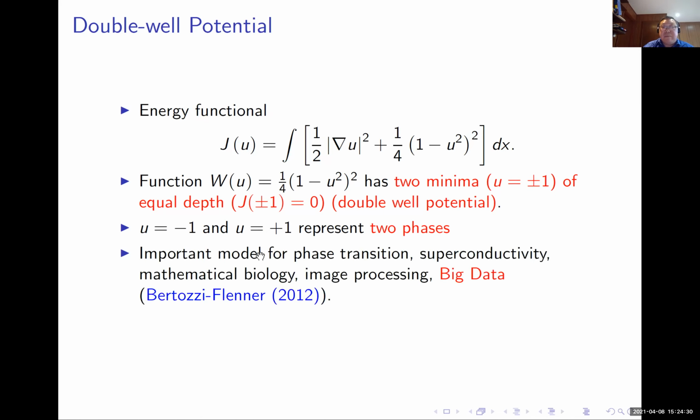This is an important model for phase transition, superconductivity, mathematical biology, image processing, big data, and many other applications. It is a basic model in many physical problems, and there is a deep connection with minimal surfaces.